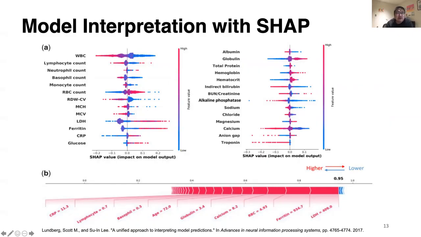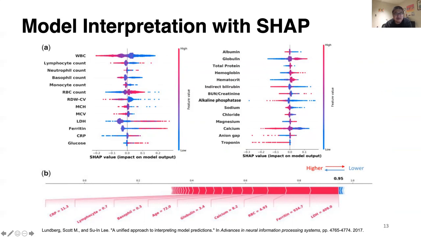And the color is indicating whether the feature value is high or low. For every feature in this row, it corresponds to a collection of data points, and each data point corresponds to a specific patient in our development cohort.